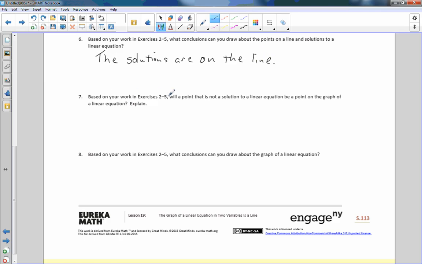Based on your work from exercises 2 through 5, will a point that is not a solution to a linear equation be a point on the graph of the linear equation?